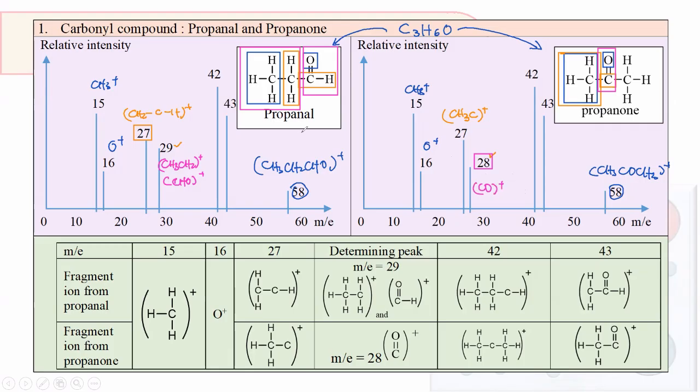Right? So you cannot have the CO plus for propanal, or you cannot have CH3CH2 for propanone in this case. Okay.